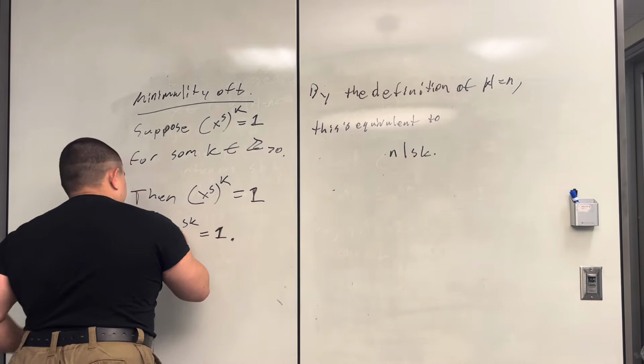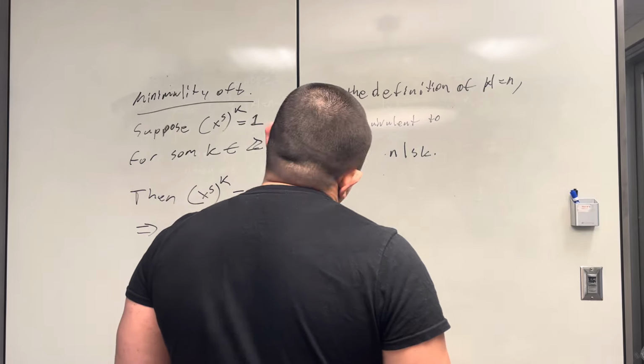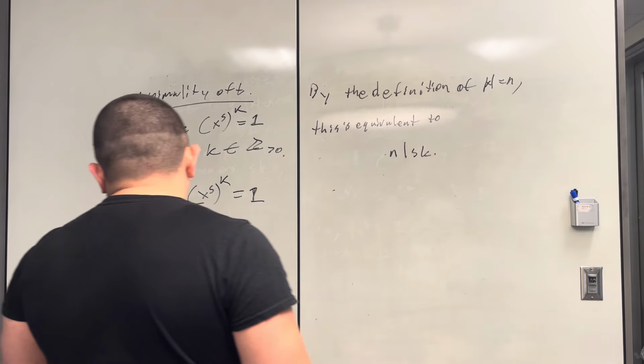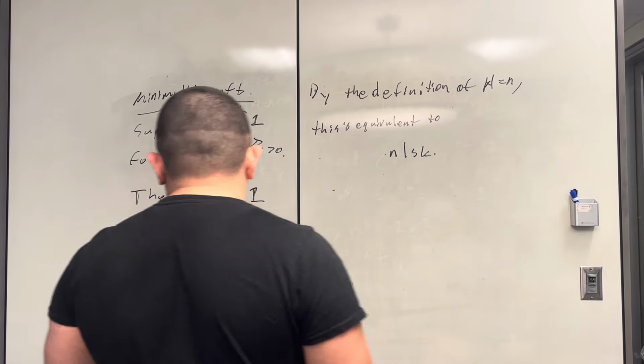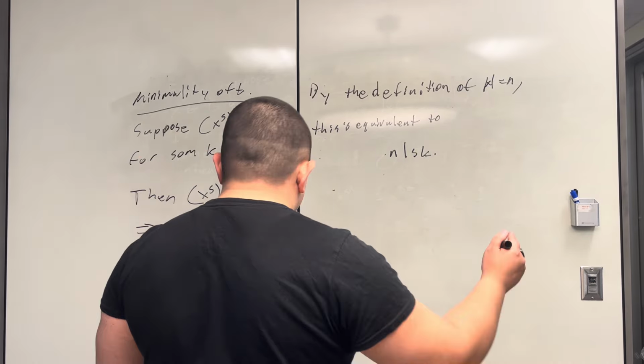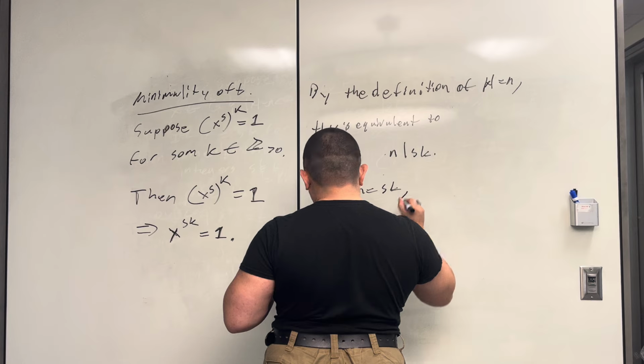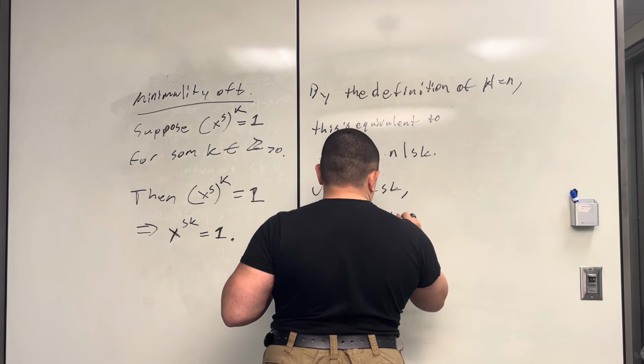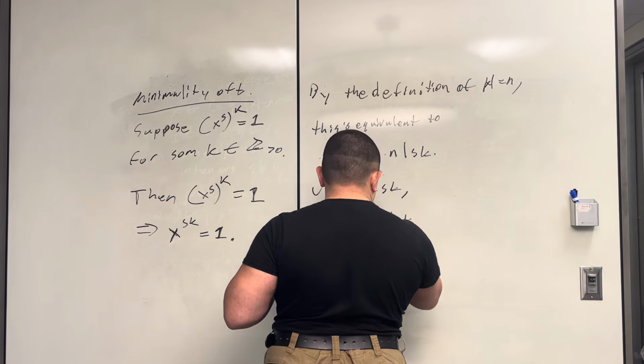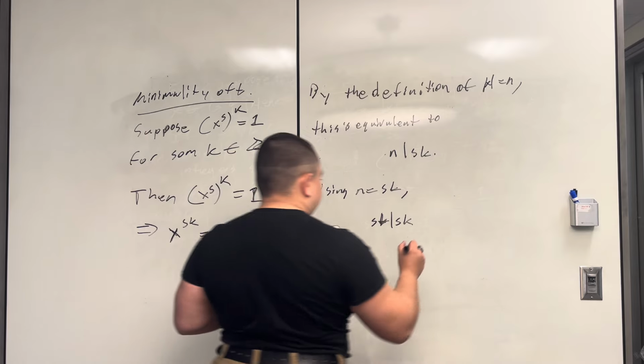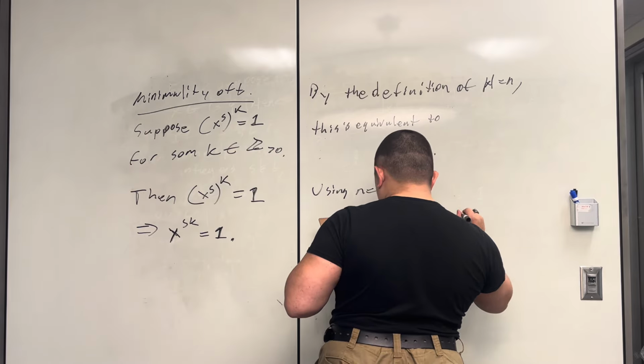So, what does that mean? More concretely, using n is equal to st divides sk implies t divides k.